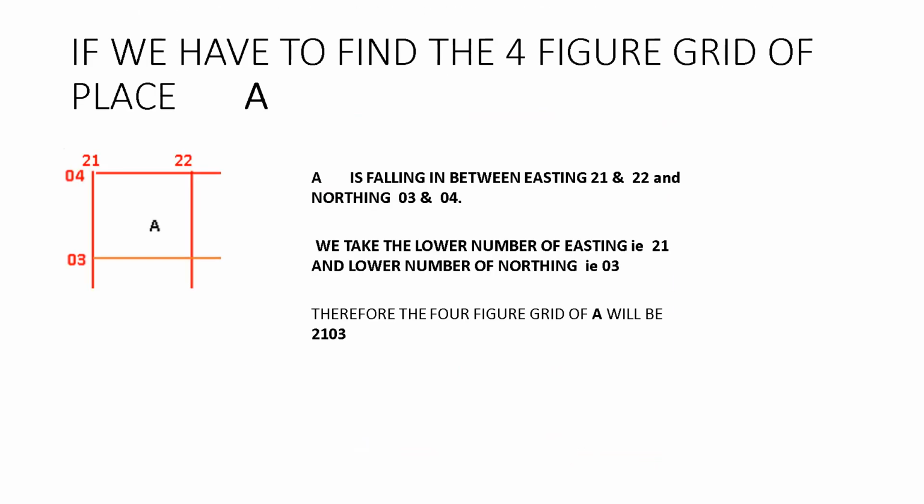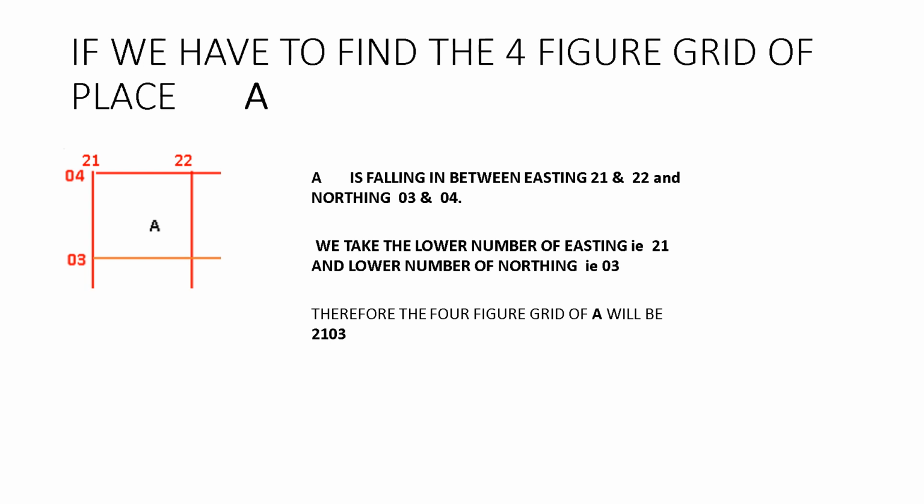So if we have to find the four-figure grid of place A, it is located here. We have identified the square. Now we have to look into the eastings and northings. First, one way of writing the four-figure grid is to see between which two eastings A is falling.